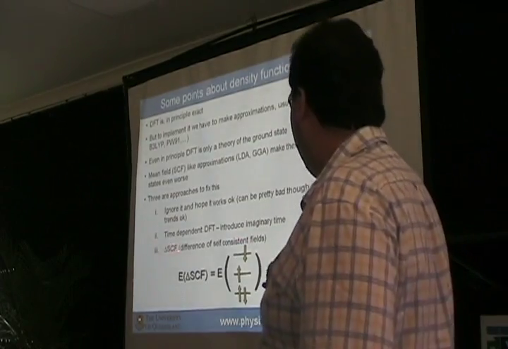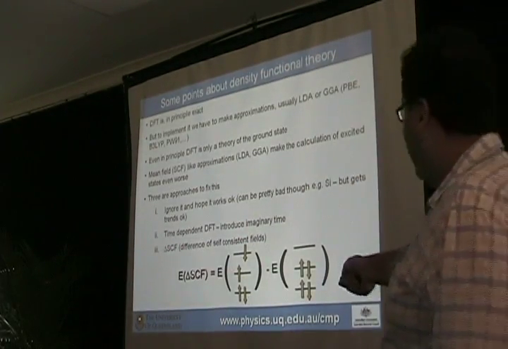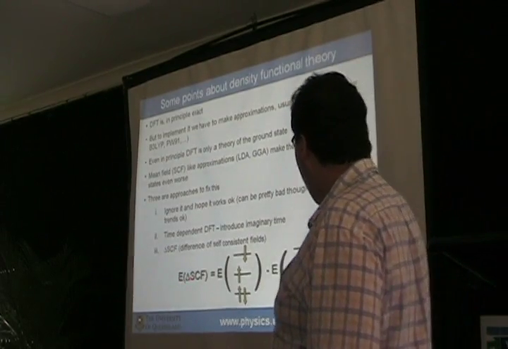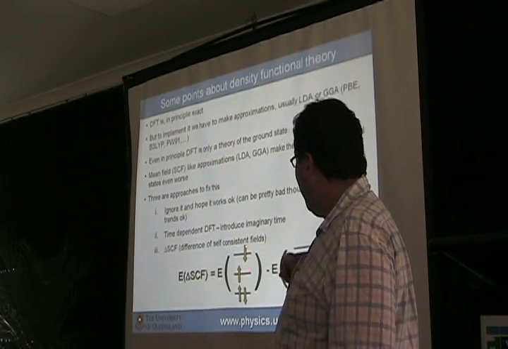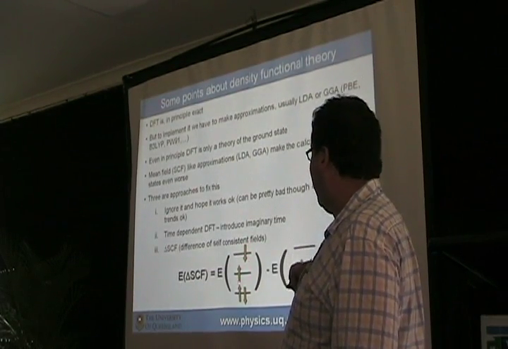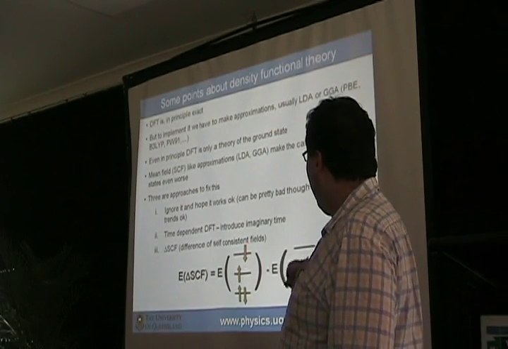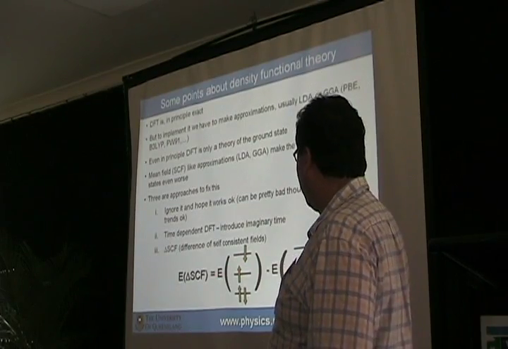It's often referred to as delta SCF, or difference of self-consistent fields approach. Basically, what I'm trying to illustrate here is that to get the energy of the excitation, you calculate the system in its true ground state, and then you move it into an excited state and impose a constraint that it has to sit in this excited state, and then you calculate this state in the functional theory and subtract the two energies.